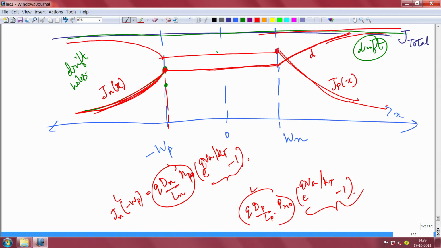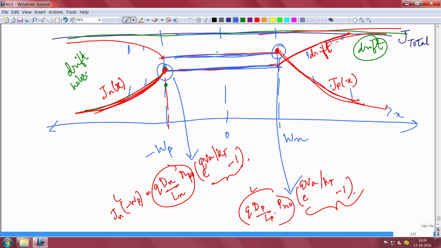Remember, this current is drift of majority electron and this is diffusion of minority holes, okay. So, if you look carefully, the sum of this and the sum of this is actually the sum at any point here, any point is the total current, right. So, this plus this is actually the total current, and you know this value is nothing but this value which is this, and this value is the same as this value everywhere is this.